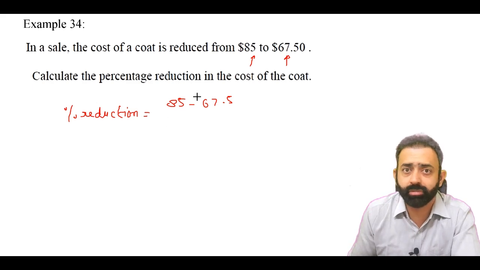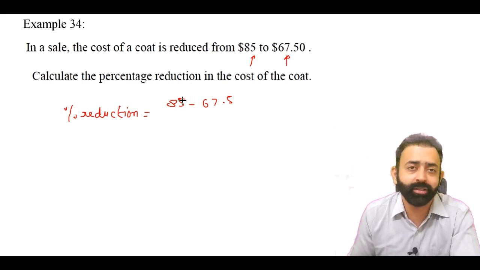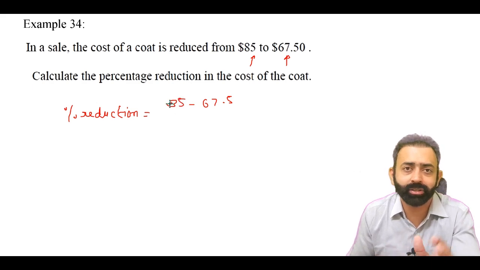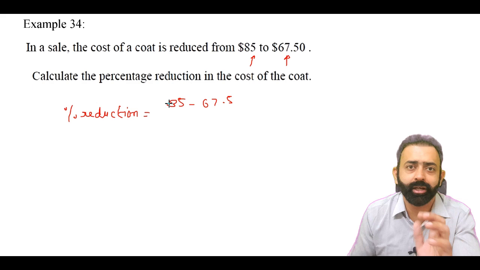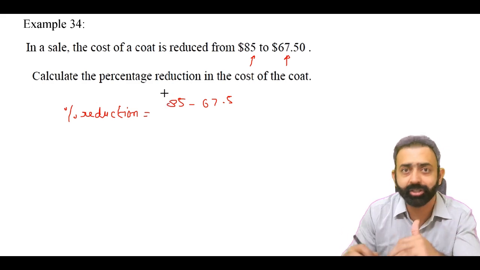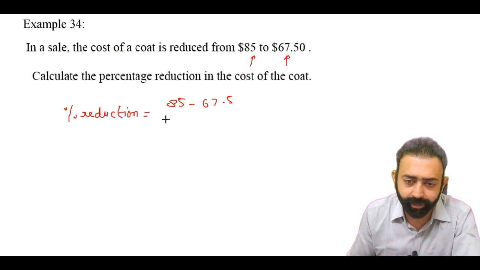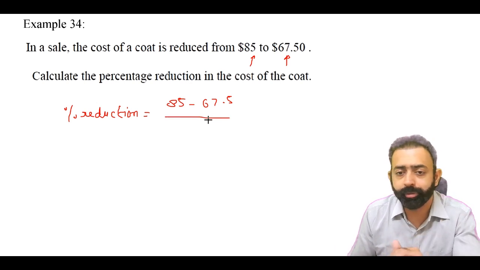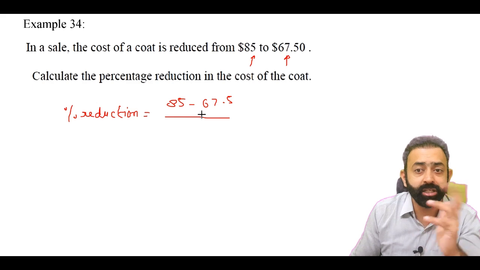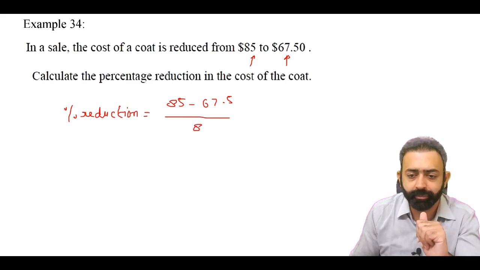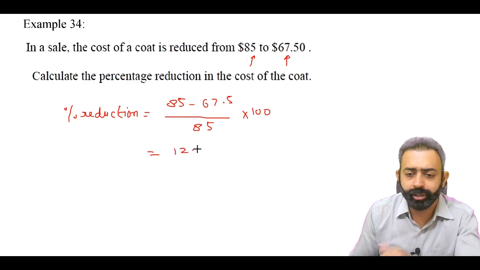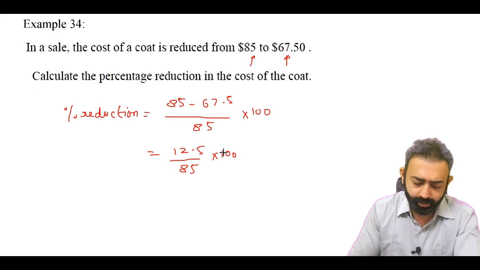But if you are using the same formula, final value minus initial value, this numerator will come out to be negative. So you must remove the negative sign, just to make the reduction positive. If reduction is negative, that becomes positive. Keep this in mind, right? And in the denominator, we always take the initial value, which was 85, into 100. So this is 12.5 over 85 into 100.